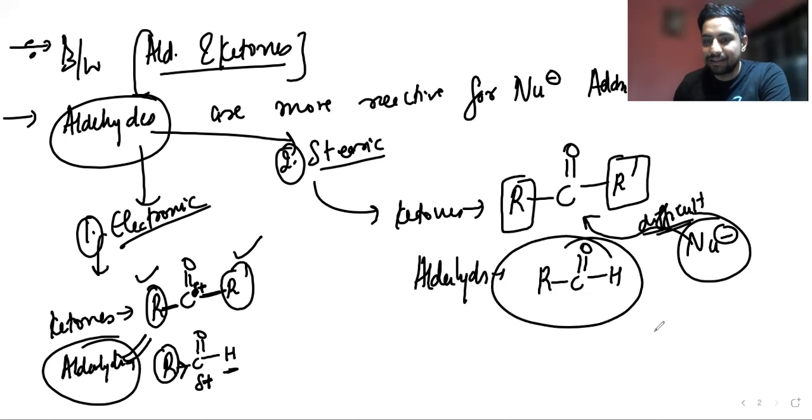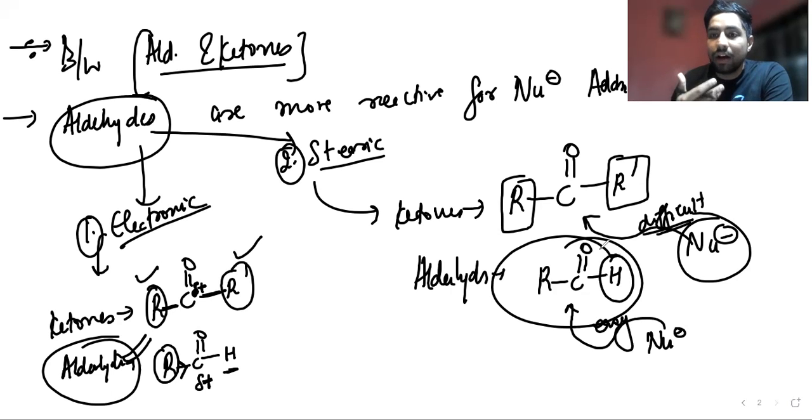But in aldehydes, nucleophilic attack is easy because hydrogen does not involve steric hindrance. Hydrogen does not give as much steric hindrance as the two alkyl groups in ketones. That's why from steric reasons also, aldehydes are more reactive. So these are the two reasons why aldehydes are more reactive than ketones for nucleophilic addition reactions.